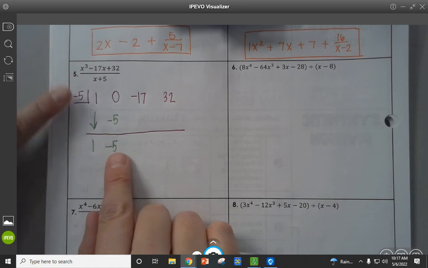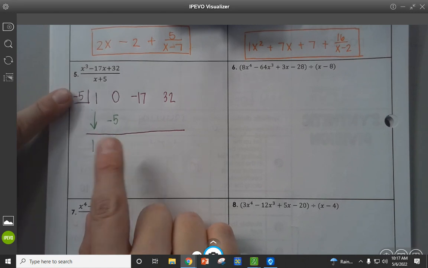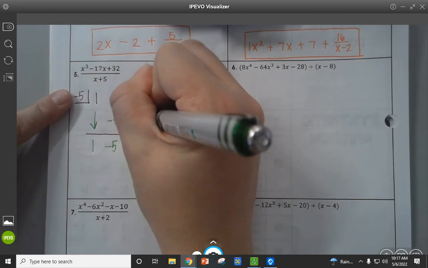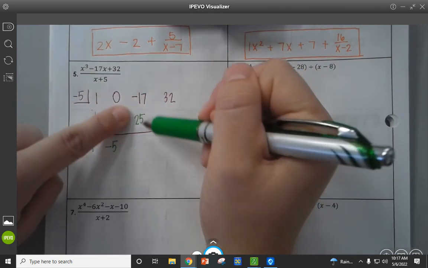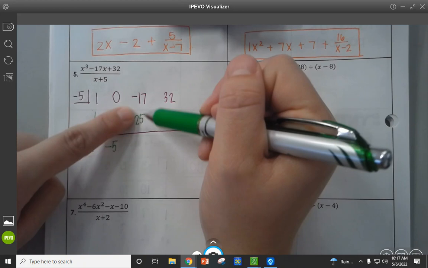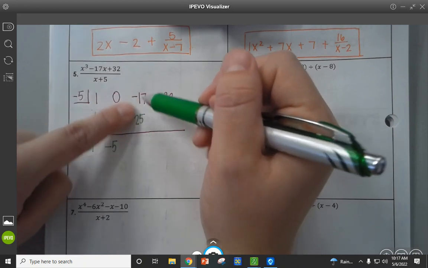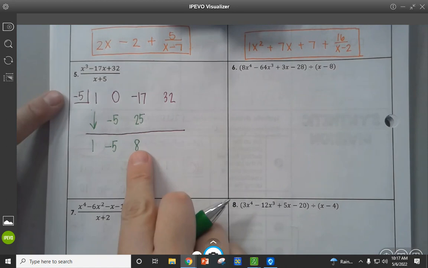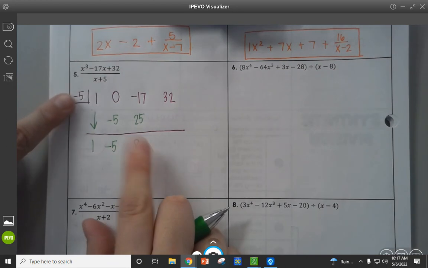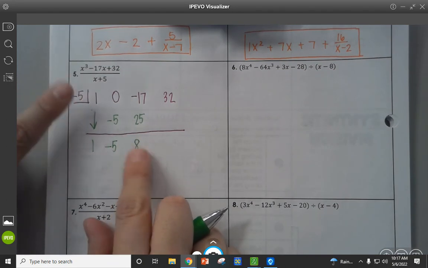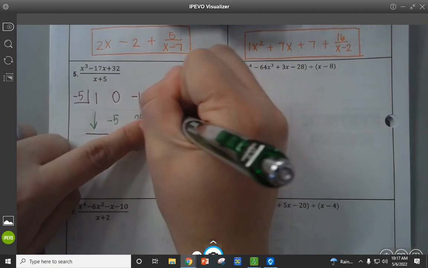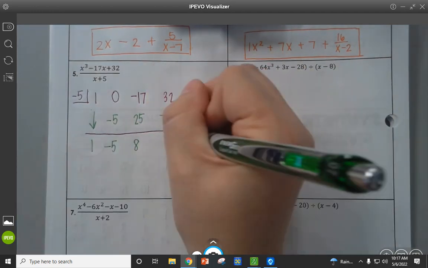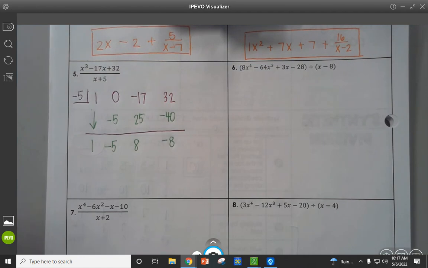Then we multiply, which is 25. Then I add, and I get 8. Then I multiply, -40. And I add, and I get -8.